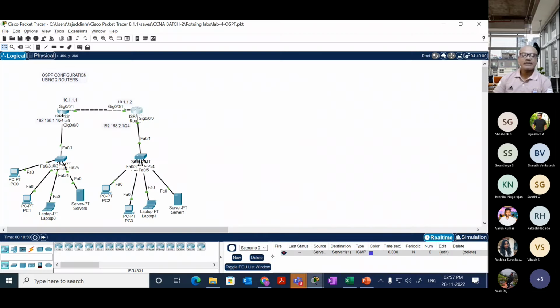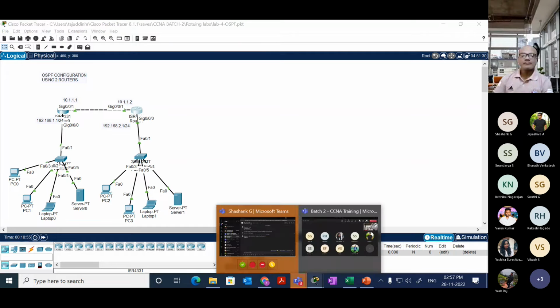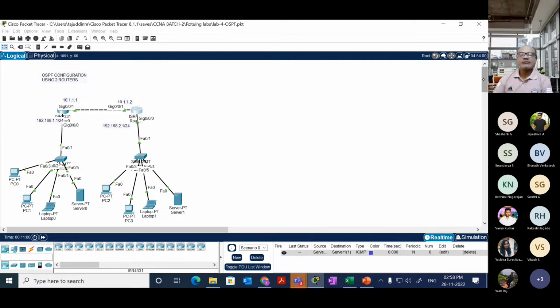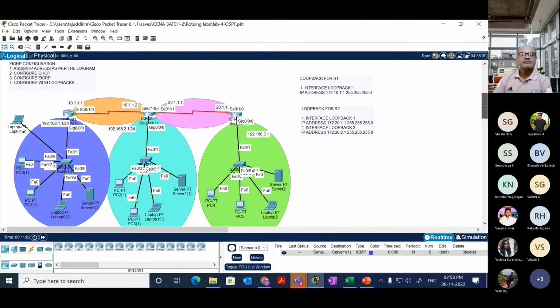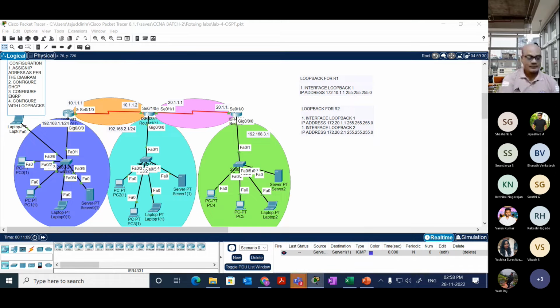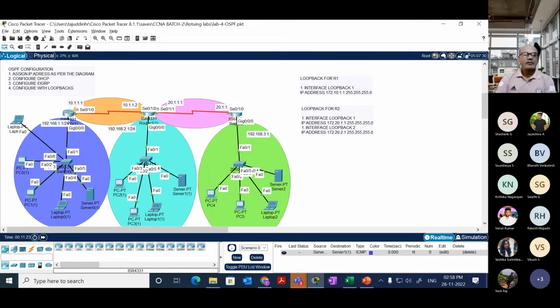Let's jump to our next lab. Our next lab will be these guys. Let me change this to OSPF.